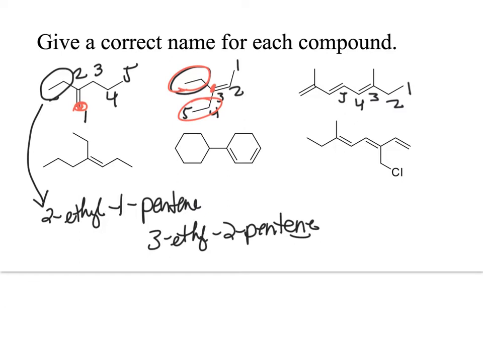Okay, so we should start from this end. 1, 2, 3, 4, 5, 6, 7, 8. So we're looking at 8 carbons. So we're looking at octatriene.